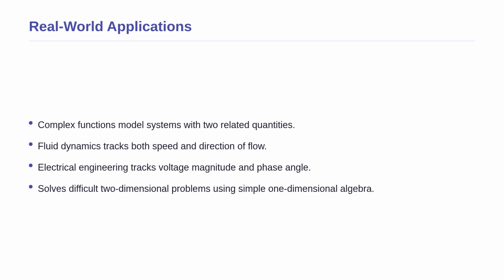By treating these pairs of numbers as a single complex variable, engineers can use complex functions to solve incredibly difficult two-dimensional problems with simple one-dimensional algebra. Without these functions, designing airplane wings or analyzing power grids would require pages of messy, error-prone calculations.